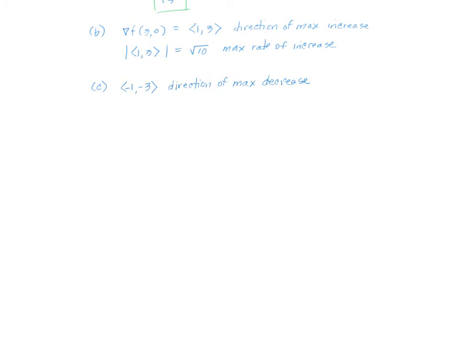And its magnitude, or the negative of the magnitude of our gradient vector, would be negative square root of 10. And that would be the max rate of decrease.